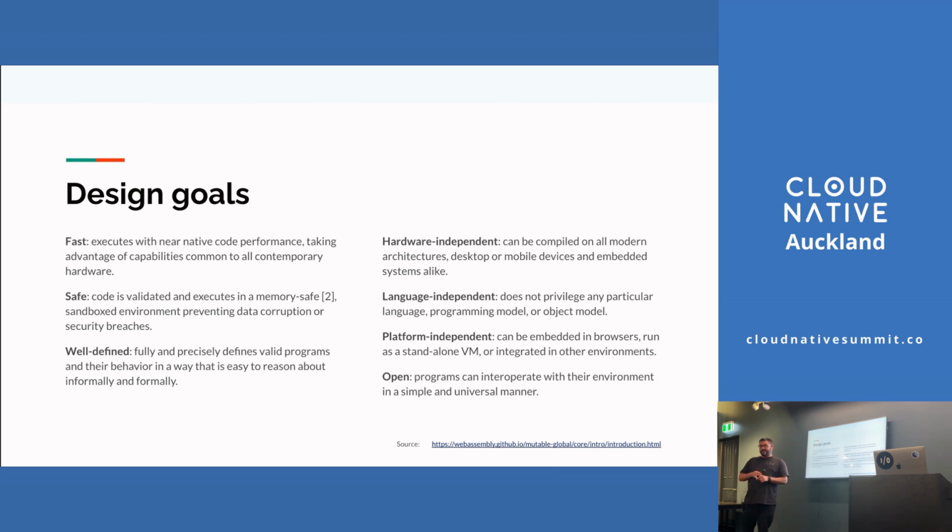So it runs fully sandboxed, and it's a deny by default configuration. Any code that's running cannot do anything unless it's explicitly set. It's well defined. It's completely hardware independent, so it can be compiled on anything. Language independent, so you can potentially use any language you want, though the language has to support it, but we'll get there. Platform independent, so you can run on anything, and it's completely open.